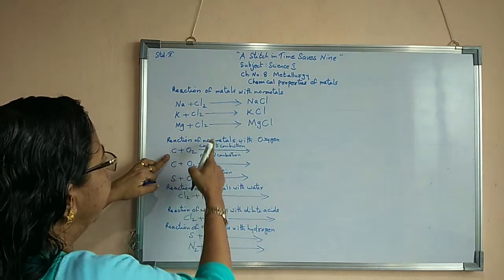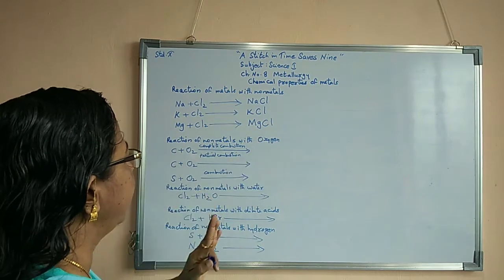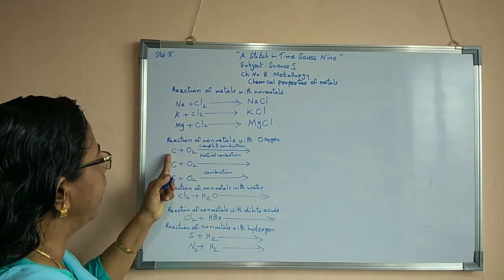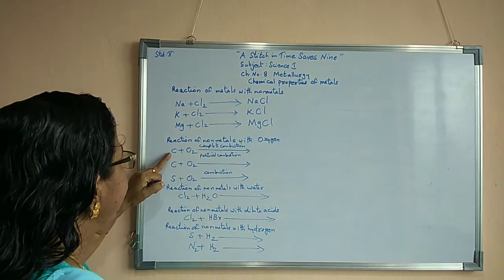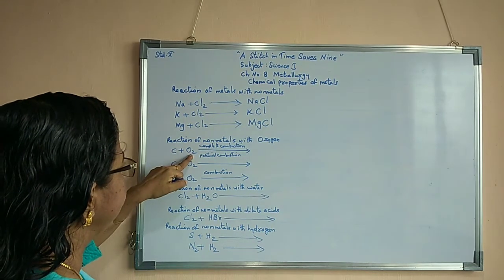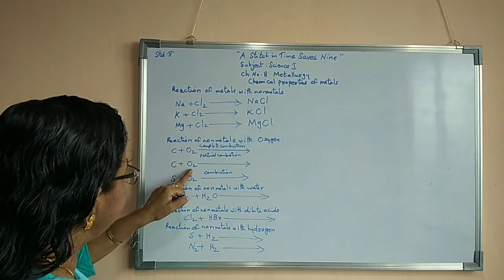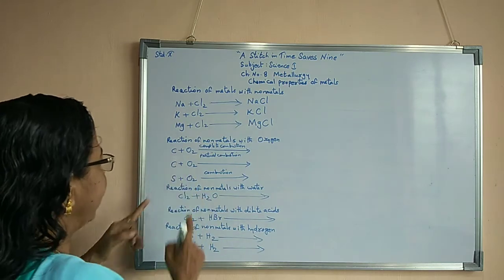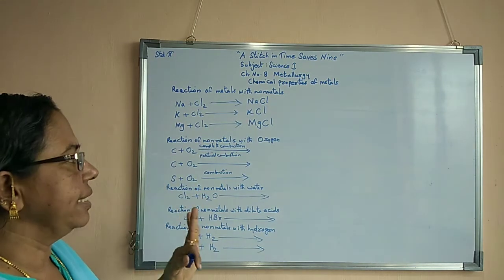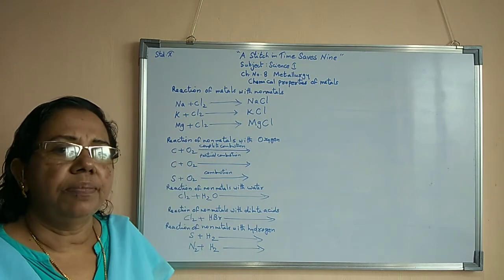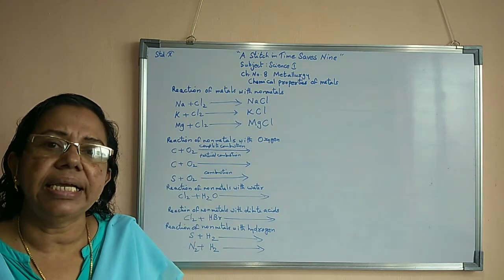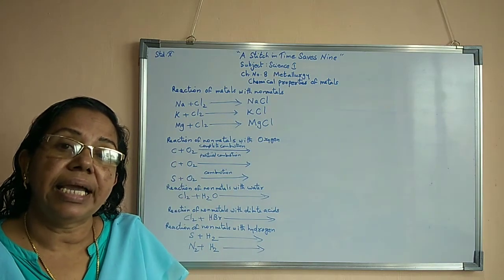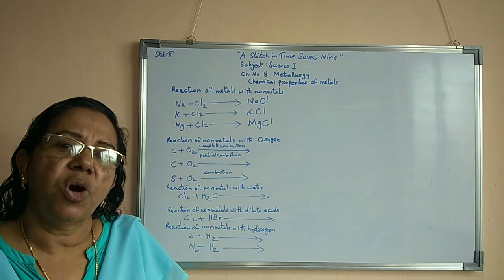Now here, reaction of non-metals with oxygen. This is also a non-metal, this is also a non-metal. Carbon is a non-metal, oxygen is a non-metal. Here again carbon and oxygen, but here partial combustion. Carbon means we can say charcoal, coal, such things. Carbon can burn in oxygen.